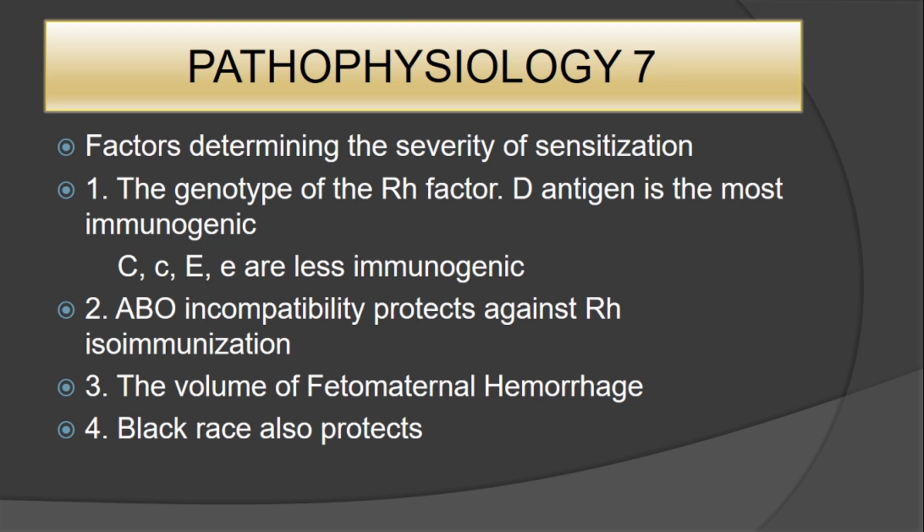So there are factors that determine whether the mother is going to be sensitized. And these factors include the type of the rhesus factor. Like I've discussed earlier, the D antigen is the most immunogenic. So if the D antigen is present, the likelihood of sensitization is very high.